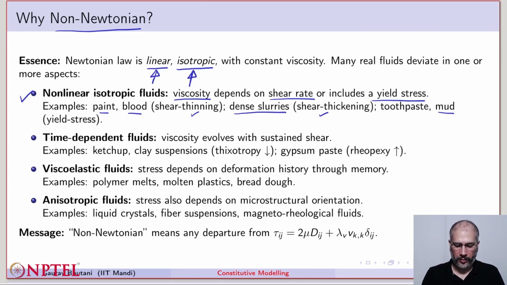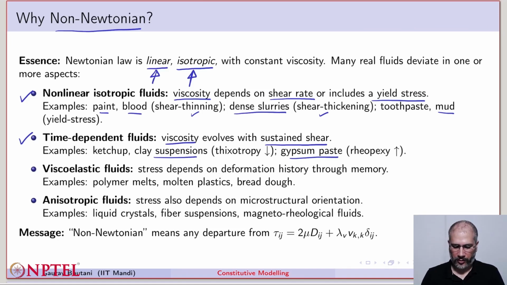Non-Newtonian fluids also include fluids where the viscosity is time dependent, that is, it evolves with sustained shear. So these include materials such as clay suspensions or gypsum paste, where the viscosity changes with time when a shear stress is continuously applied to them.